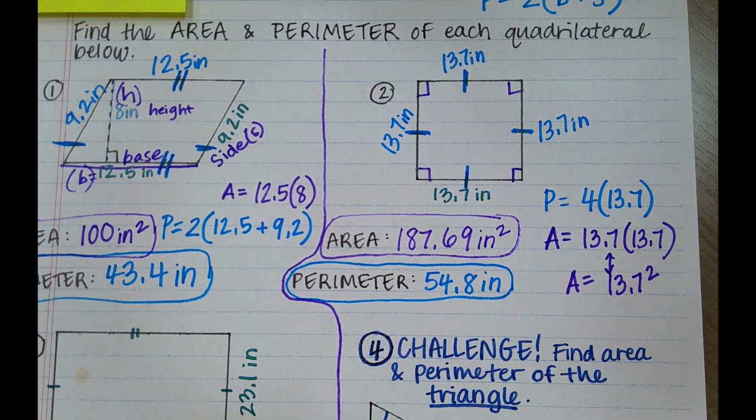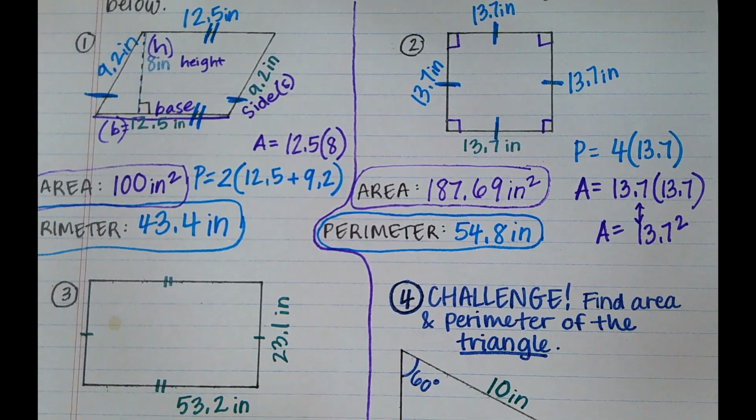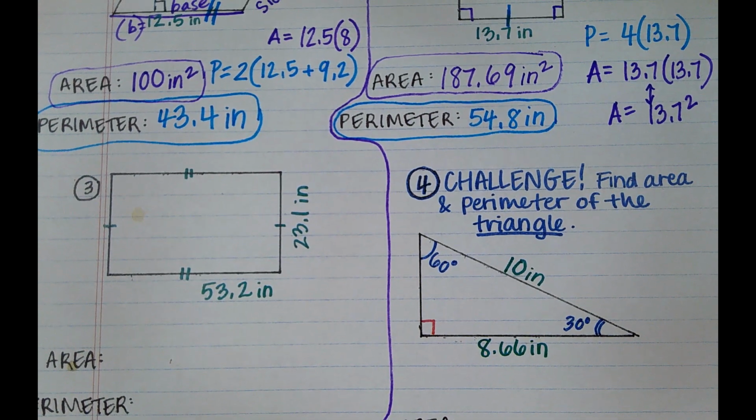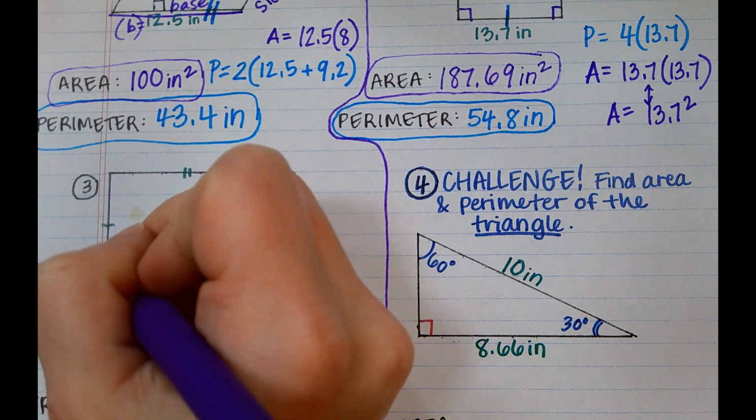Anybody need number 2 still, or are we ready? Ready for 3? Number 3. What shape does this look like? It's a rectangle. We have opposite sides that are equal.